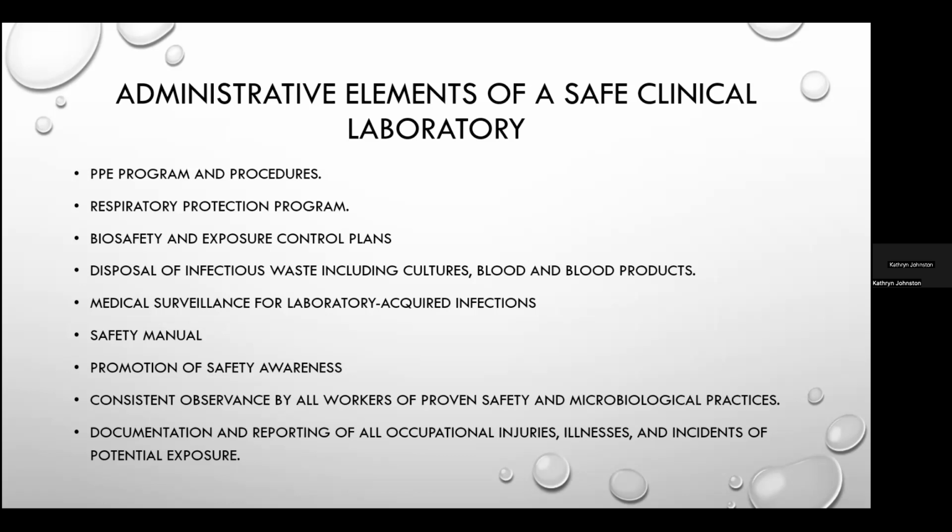There should be a respiratory protection program, biosafety, exposure control, and chemical hygiene plans that include procedures to address accidental spills of infectious organisms or release of infectious microorganisms into the laboratory environment.